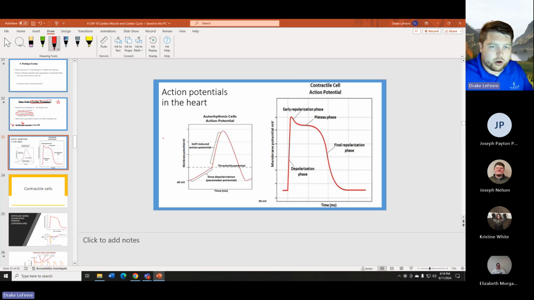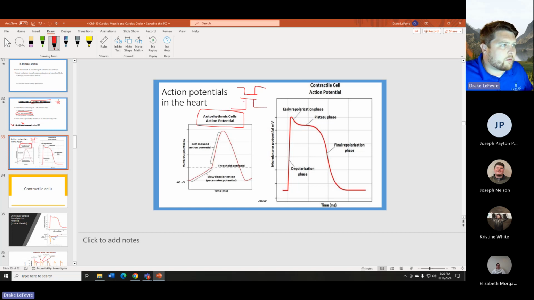Remember, the autorhythmic cells make up 1% of all of the cells of the heart, and the contractile cells are the 99%. The autorhythmic cells are still connected through those gap junctions, right?